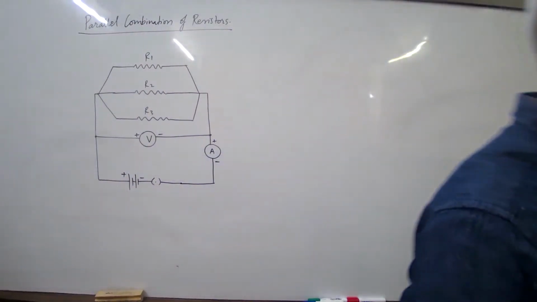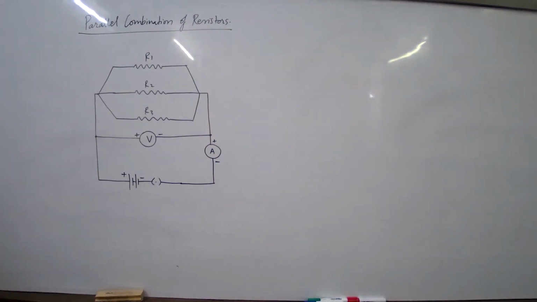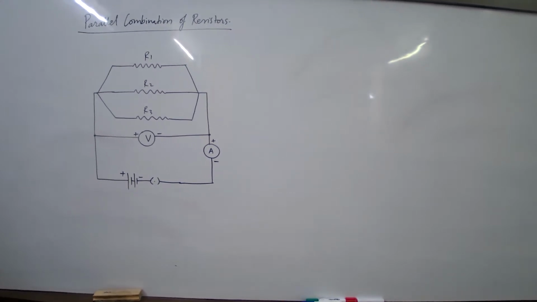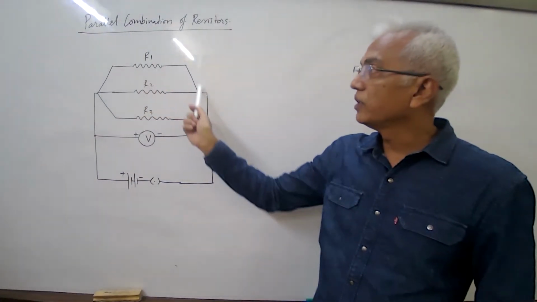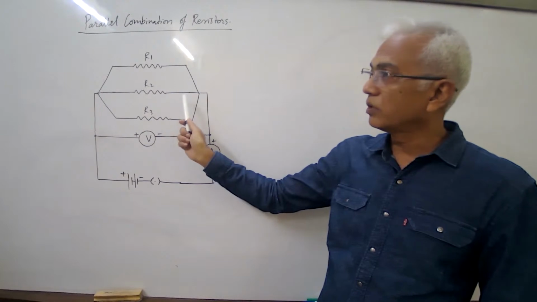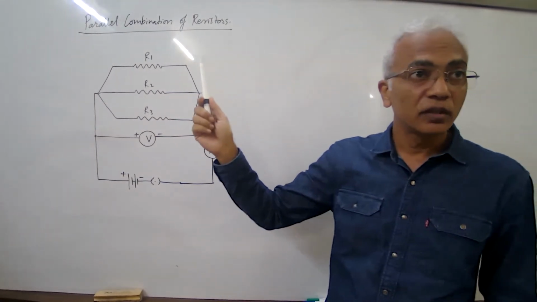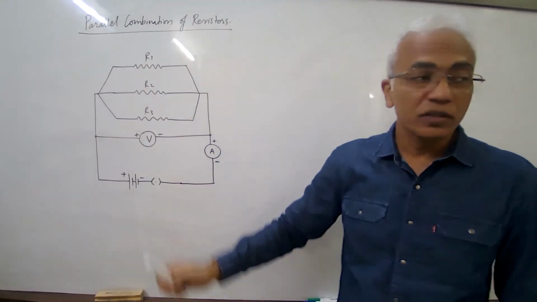So this is the circuit diagram for the parallel combination. So both terminals are connected with each other. In series, only one terminal was connected to the next terminal, right? So this kind of connection is called parallel.